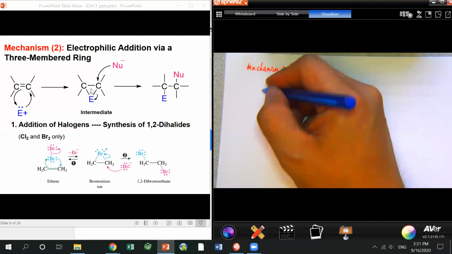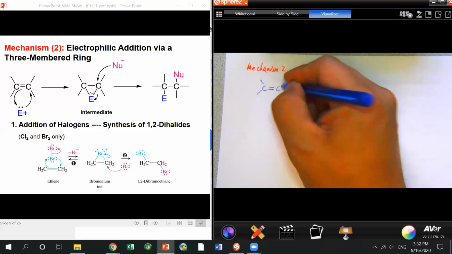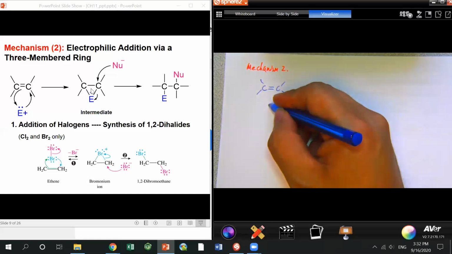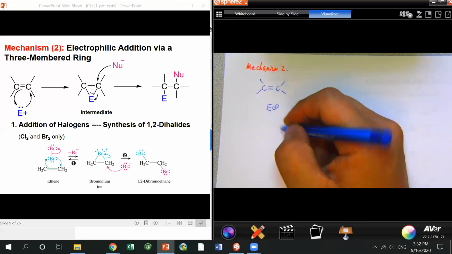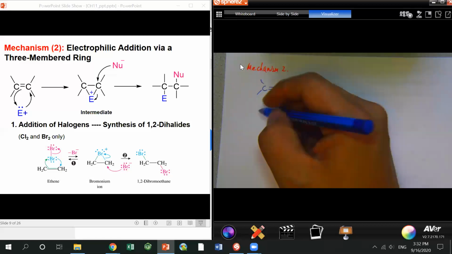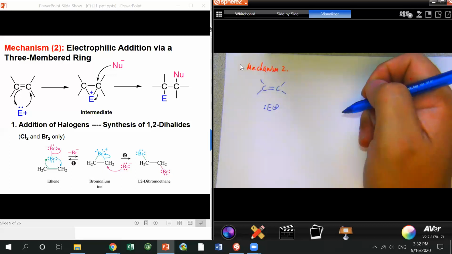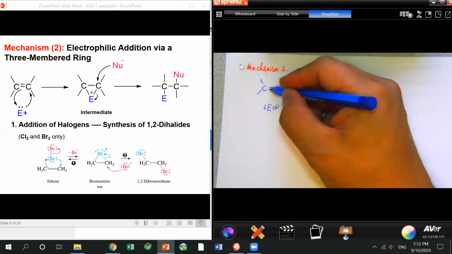You have the alkene, and it reacts with some electrophile. This electrophile normally has a negative charge, but it also has lone pair electrons. Then the C=C bond opens.